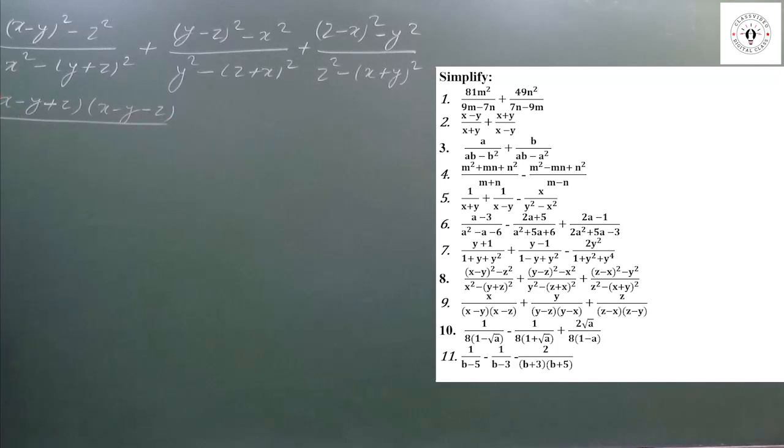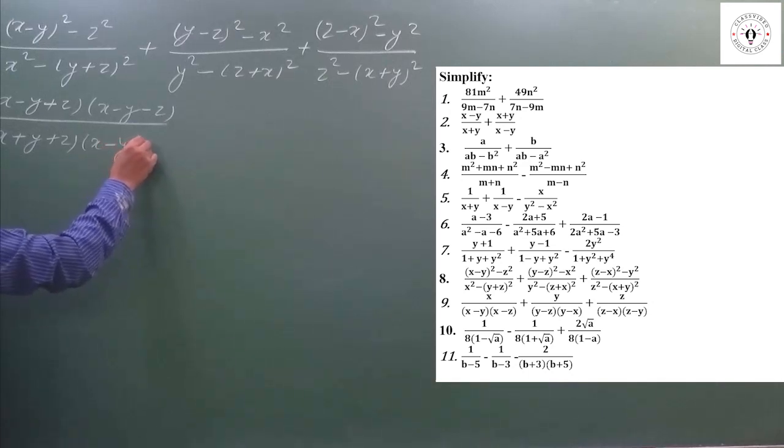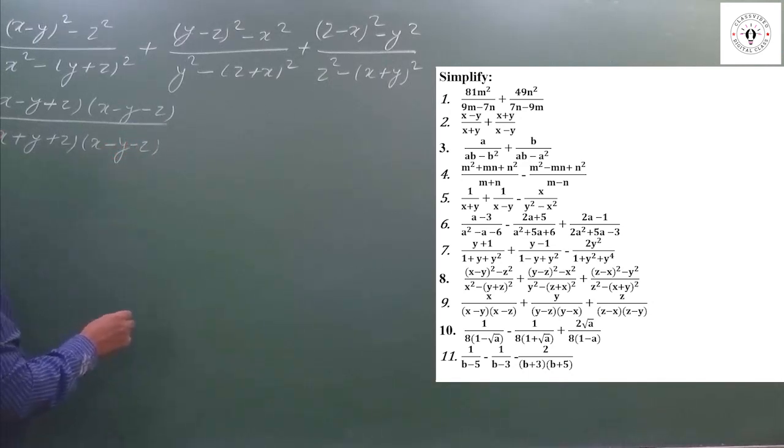Similarly, in the denominator also, if you suppose x as a and y plus z as b, then this is in the form of a square minus b square, which is the formula of a plus b. a means x plus b means y plus z, a plus b. a minus b, a means x, minus b means y plus z, and since minus changes the sign, this becomes minus y minus z.